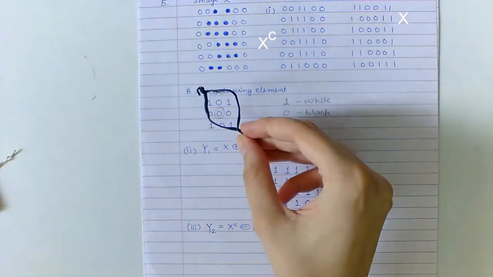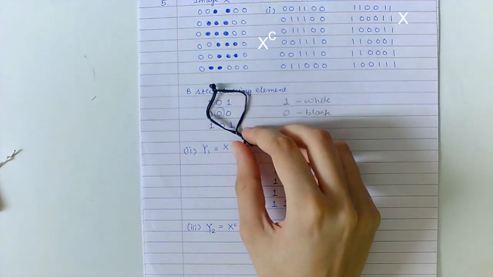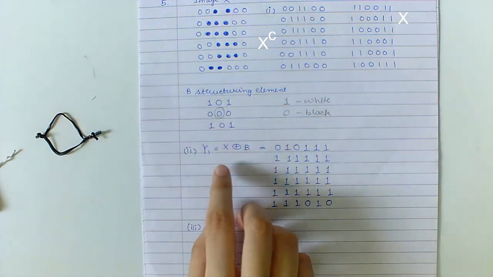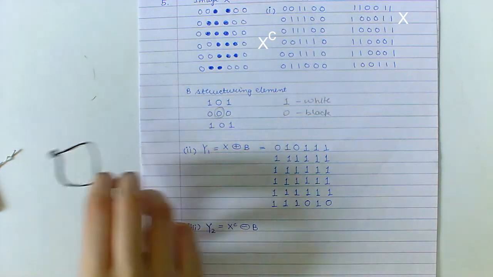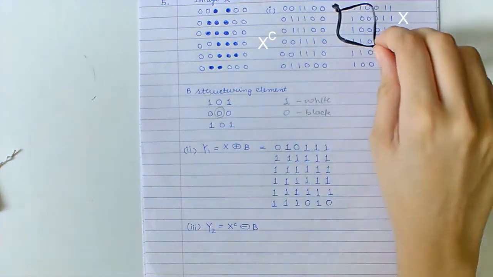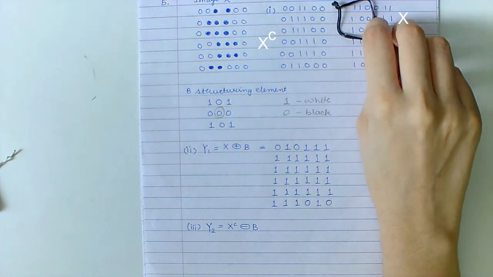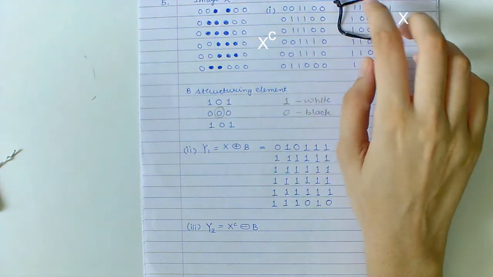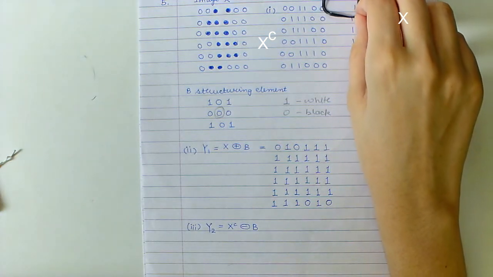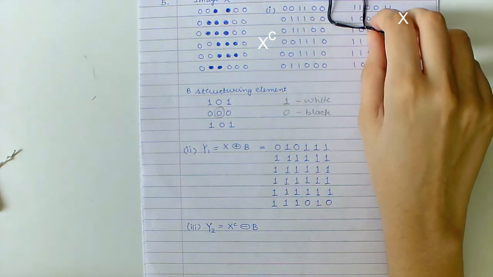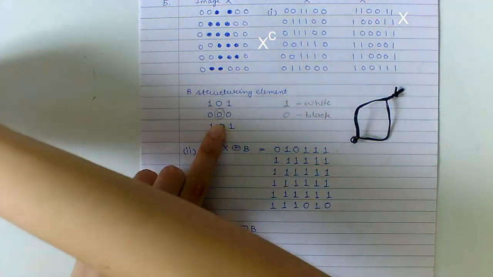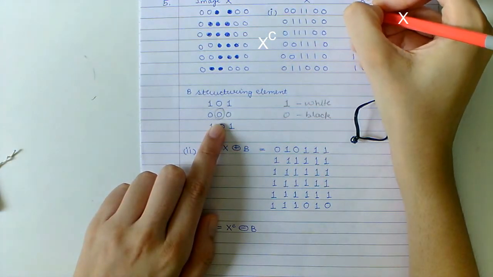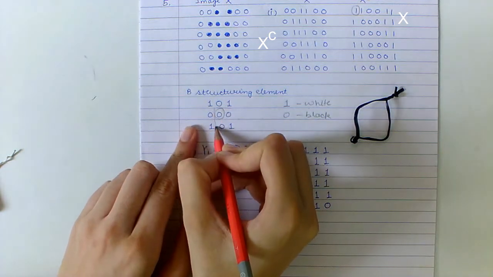So for X dilation B, all we have to do is take the structuring element and put it over the value of X. First we start with this pixel, and for this pixel this is the origin and this is the pixel in consideration. So we have to match only this part of the structuring element with this part of X.